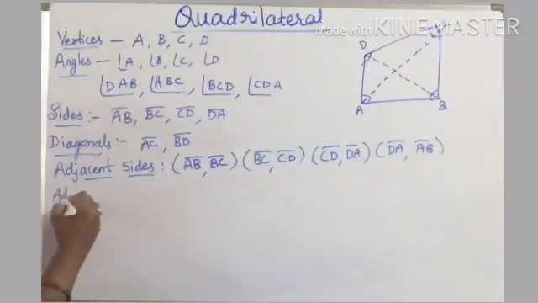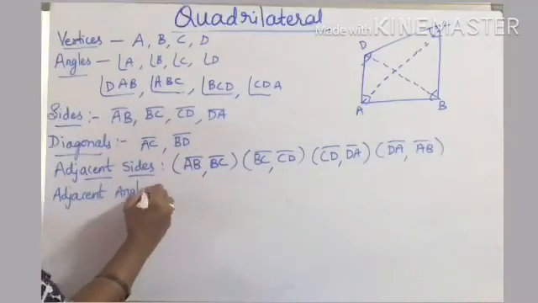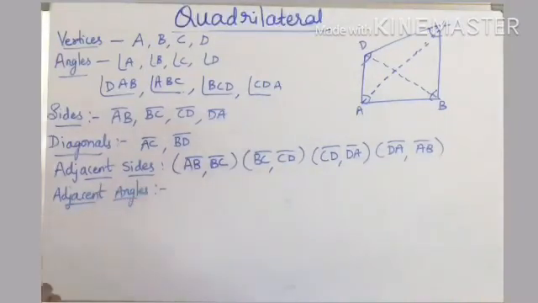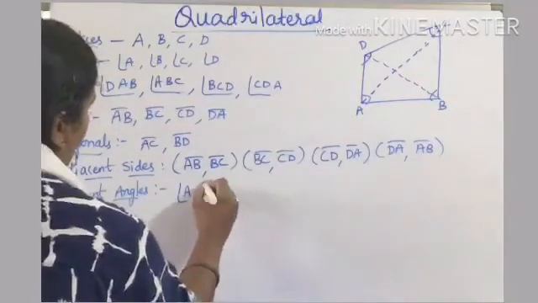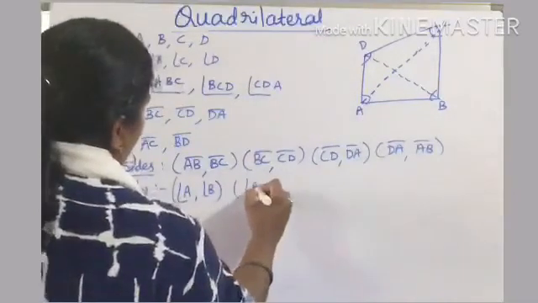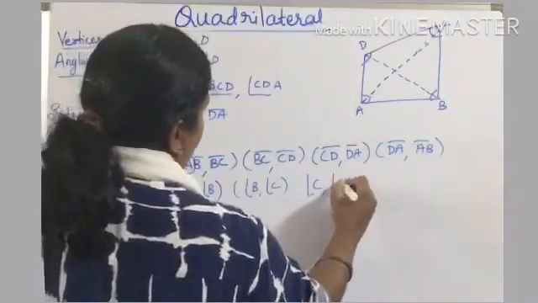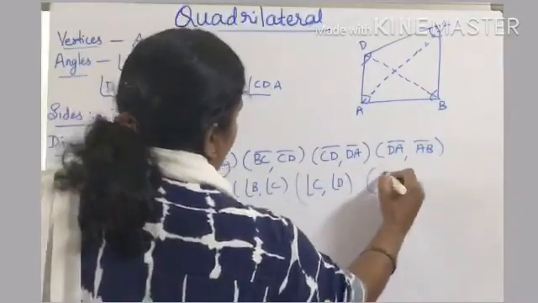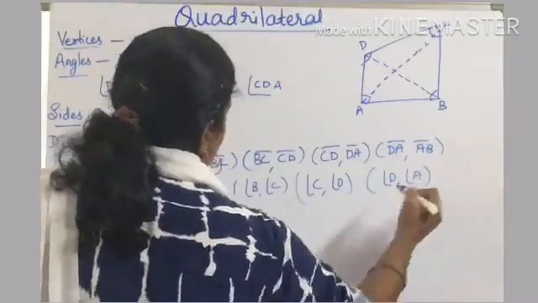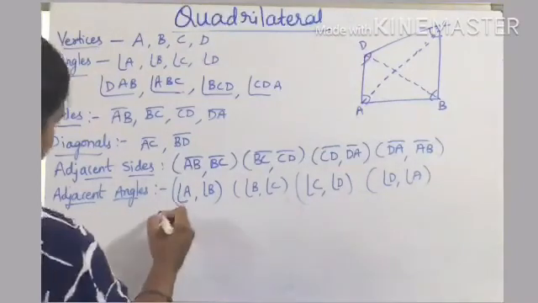Next is adjacent angles. You can write angles either in three letters or with a single letter. Here angle A and angle B are adjacent angles. Next, angle B and angle C are adjacent. Next, angle C and angle D are adjacent. Next, angle D and angle A are adjacent. If you want to write in three letters, you can, children.